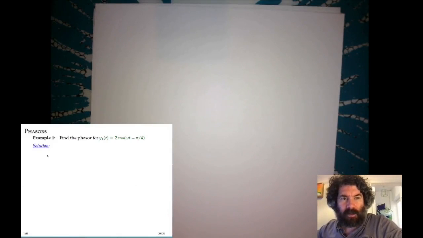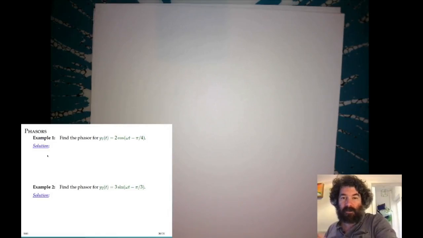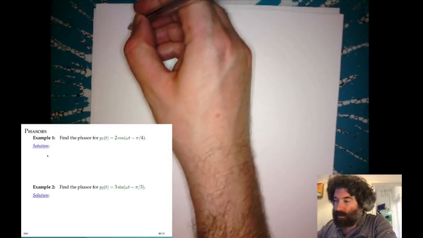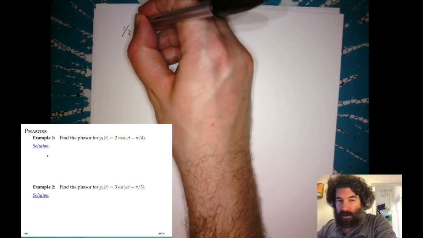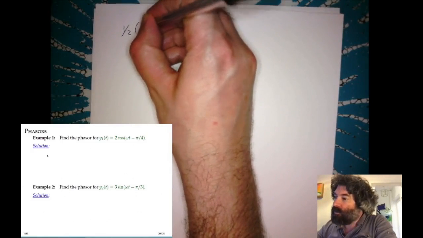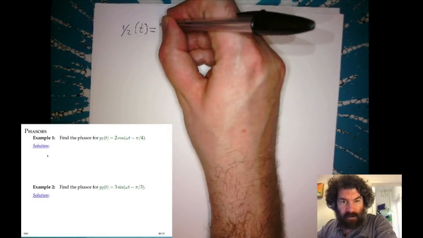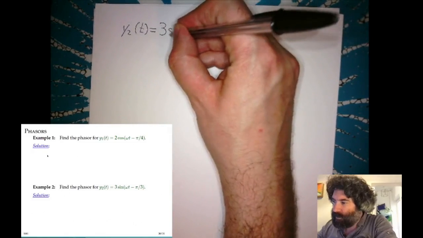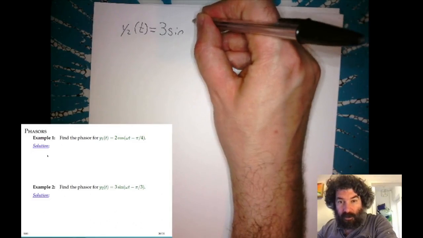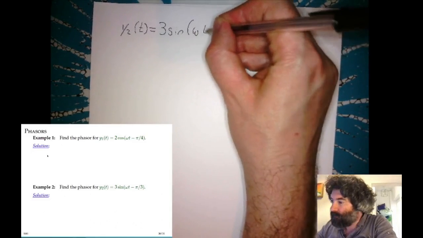Okay, we will look at another example of finding a phasor. Find the phasor for this sinusoidal function y2, which is given. And this one is initially written in terms of the sine function rather than the cosine function. So we have to put it into the normal form with cosine rather than sine.